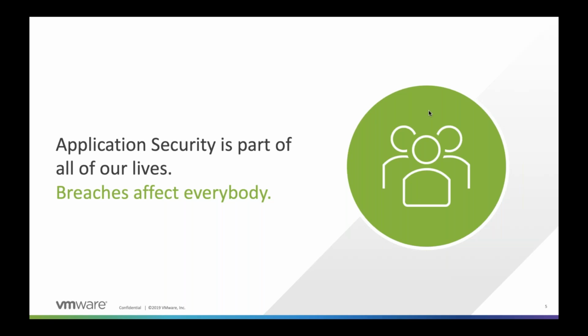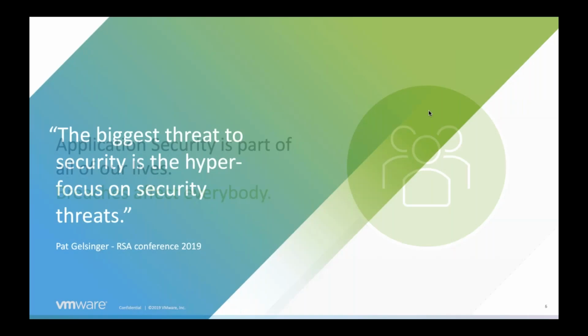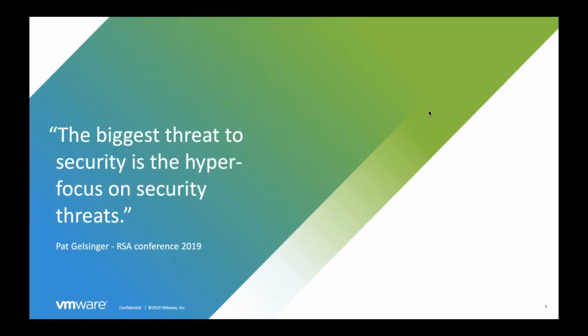Now, we could argue that this is not a new problem. We have heard about application security and applications getting hacked for years now. So why has the security industry not solved this yet? For that, I want to bring up a quote from the RSA conference in 2019.